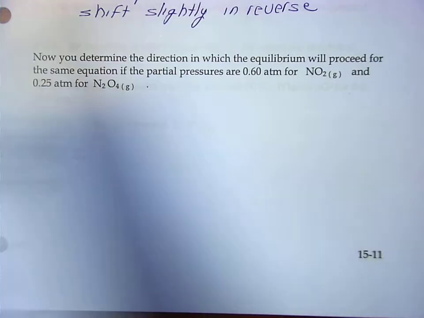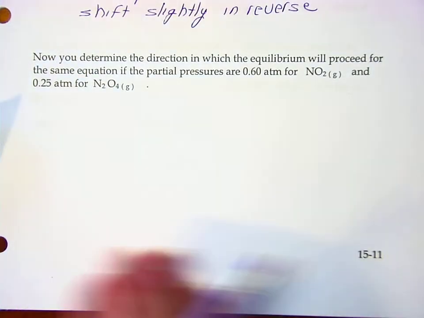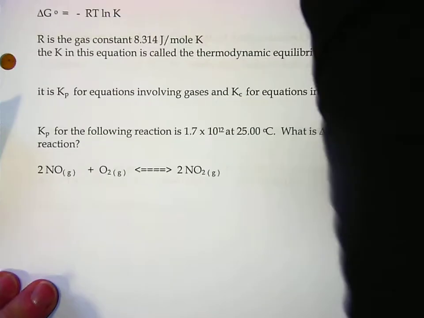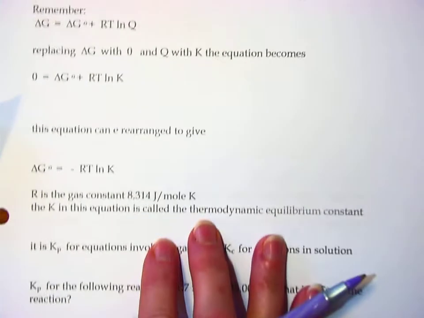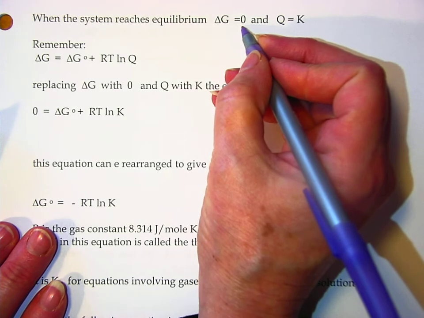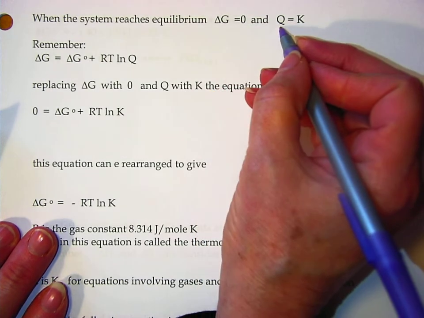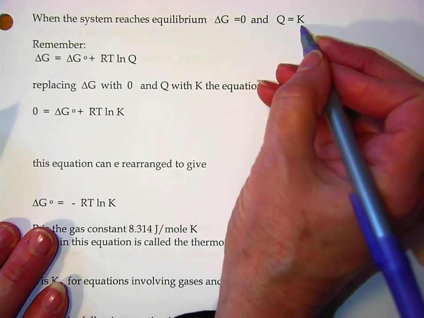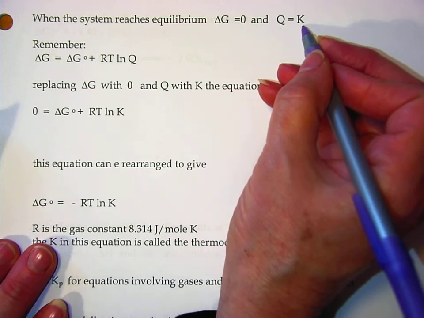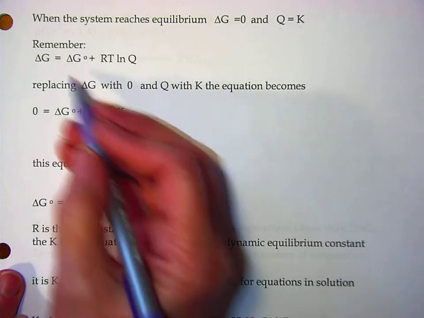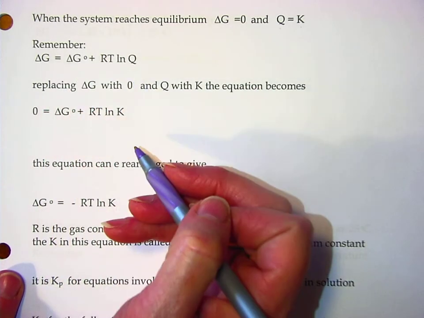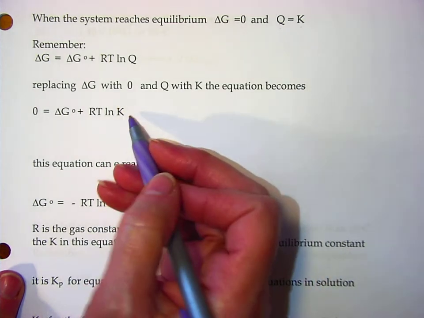Now, when we think about what happens when we're not dealing with Q anymore, what happens when we've reached equilibrium? Well, when we actually reach equilibrium, then delta G is 0, and Q, the reaction quotient, becomes the equilibrium constant K. And we know delta G is delta G0 plus RT ln of Q. So now if we're at equilibrium, we can rearrange this.